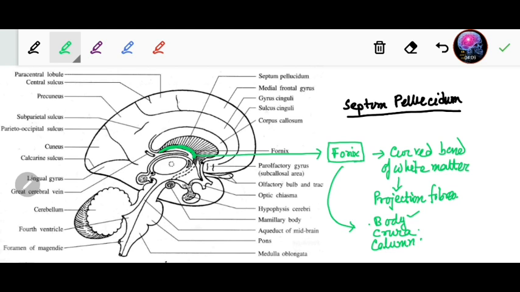Now coming back to the septum pellucidum. Septum pellucidum extends from the undersurface of corpus callosum to the upper surface of body of fornix. So that is the septum pellucidum, a bilaminar partition.